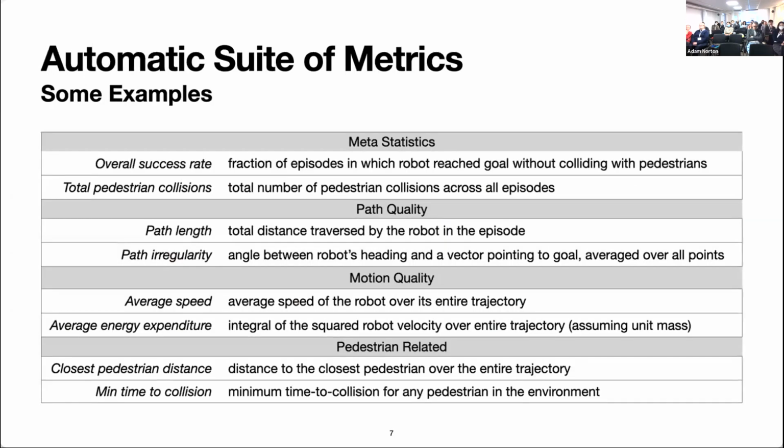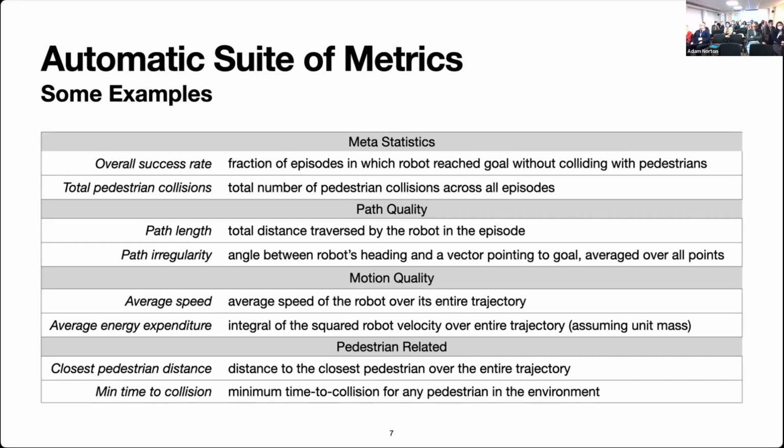Like I said, SOC-Nav Bench automatically outputs a number of useful metrics. Here are some examples. We can think about metrics that exist on the meta level, like how often the robot made it from the start point to the goal, and how often it collided with pedestrians. We can think about metrics that are specifically about the robot's path: how long did it have to traverse the path?